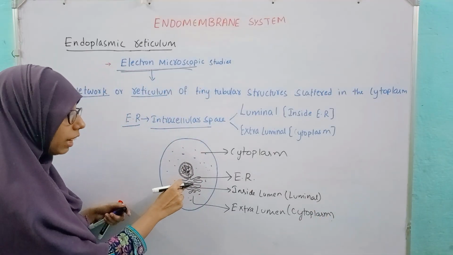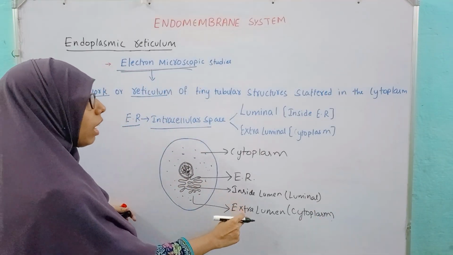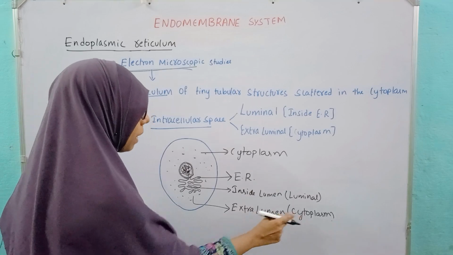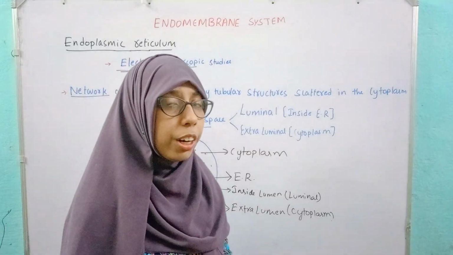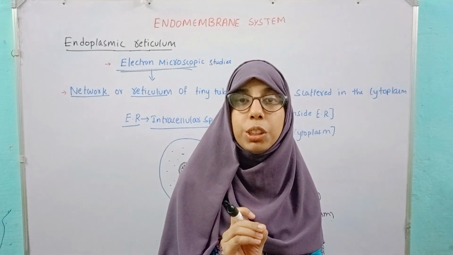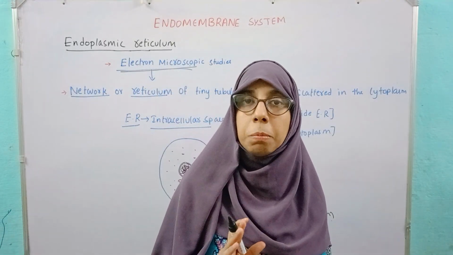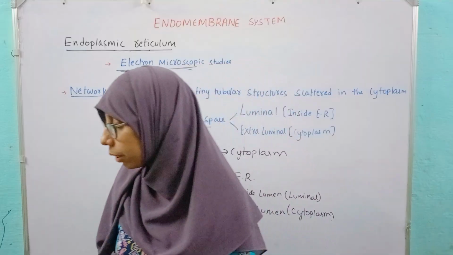The endoplasmic reticulum is further divided into two types: rough endoplasmic reticulum and smooth endoplasmic reticulum.